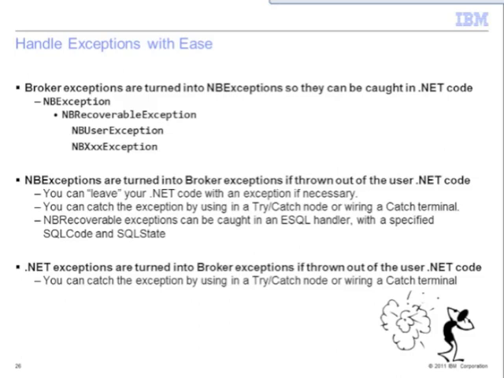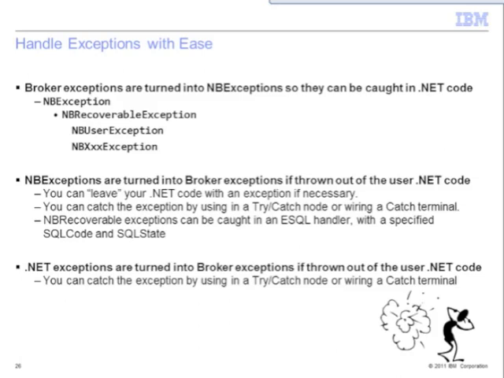Likewise, if you propagate your message from your .NET compute node downstream, the ability is there to catch exceptions that are thrown from nodes downstream of the .NET compute node and then interpret and inspect them within code inside the .NET compute node. So there's this two-way exception handling that allows you to throw exceptions from within the .NET compute node back up to the main broker flow, or catch exceptions from down the flow and then inspect them and take action based upon what that inspection finds.